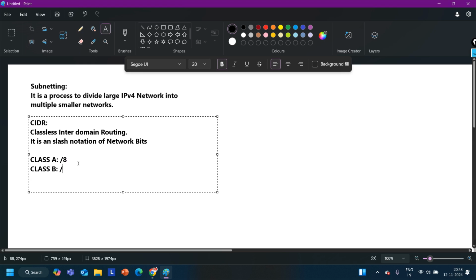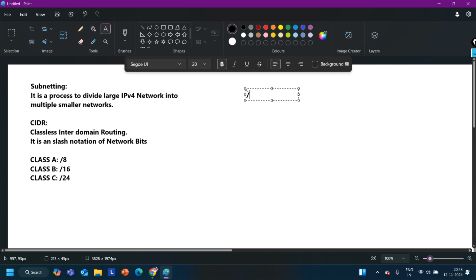So for class B the CIDR value is slash 16, right? For class C, how many network bits? Slash 24, right? So if someone is saying slash 24, it is talking about the network bits.